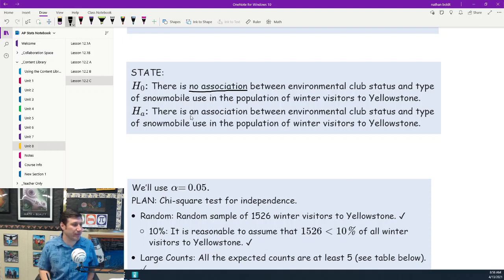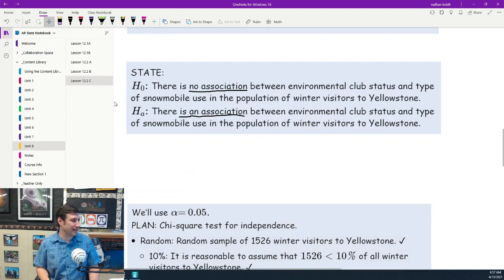And then the alternative: there is an association between the two. So again, it's a very equal to, not equal to kind of feel, isn't it? There is an association, there is not an association. And the null is that there is no association. Okay, so let's see, how can I summarize that here?